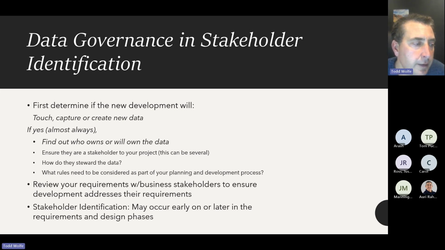For stakeholder identification, we want to identify as early on in the process as possible, but depending upon the methodologies and depending on the depth and maturity of our process in the organization, this could occur at later stages. It may occur during requirements.